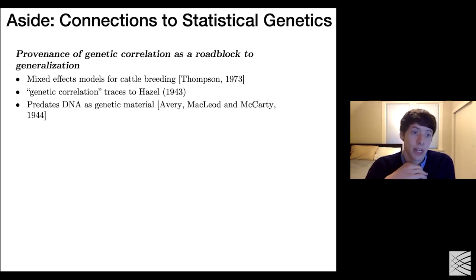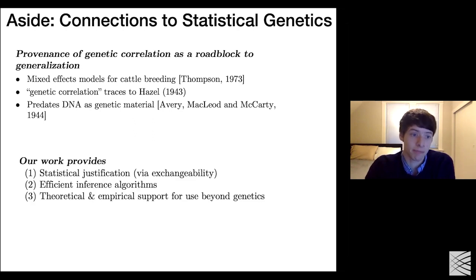Against this background of prior work in statistical genetics, what we're providing is an alternative statistical justification via exchangeability, efficient general inference algorithms, and also some theoretical and empirical support for use beyond genetics.